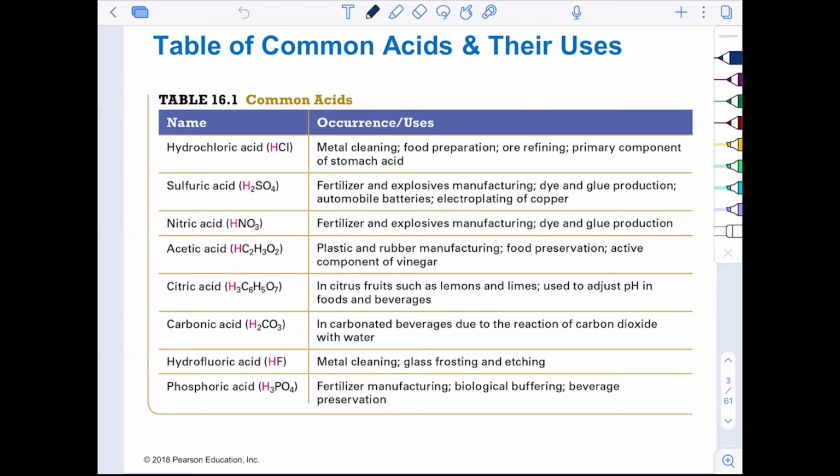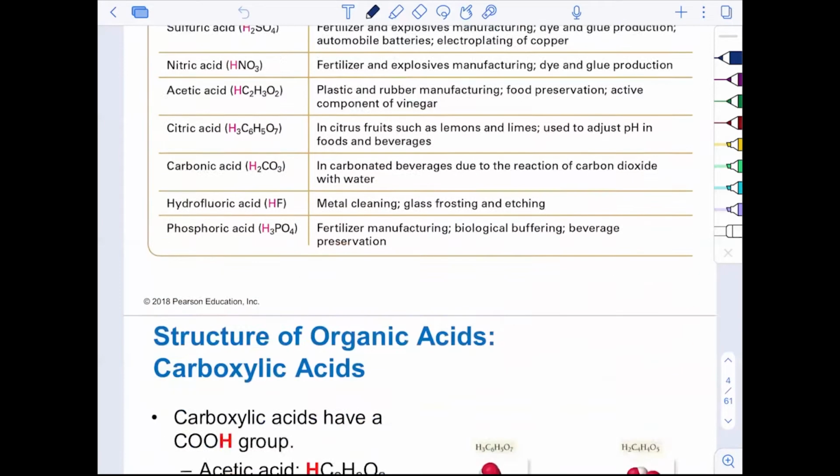It's not as reactive as those first three that we see on this list, but it does readily decompose your bones. So don't touch it, because it will go straight through and just start eating away. Super fun. Phosphoric acid is also another one used as a biological buffer. We'll talk about buffers at the end of chapter 17, but phosphoric acid is used more in biological systems.